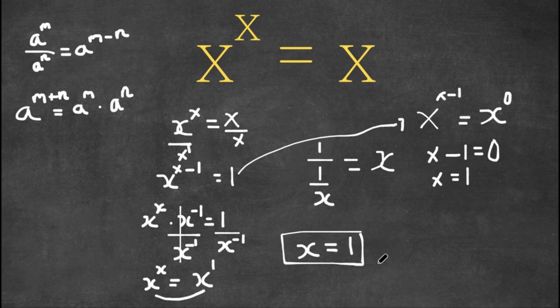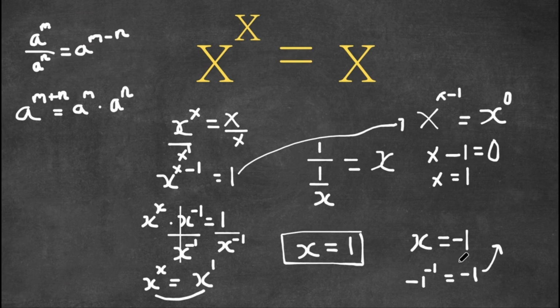However, there is actually another solution to this problem. x equals -1. This would also work, because if we plug this into our equation, -1 to the power of -1 equals -1.